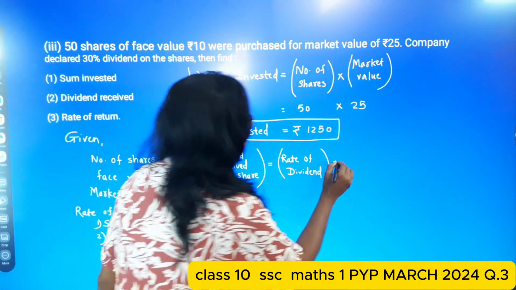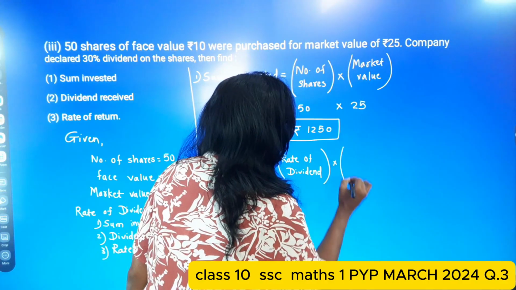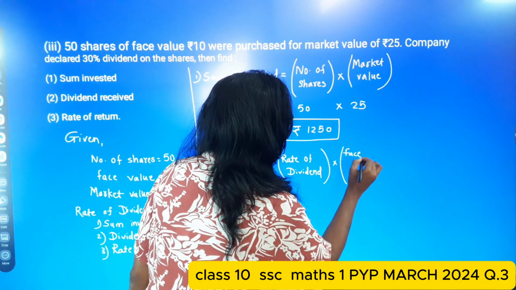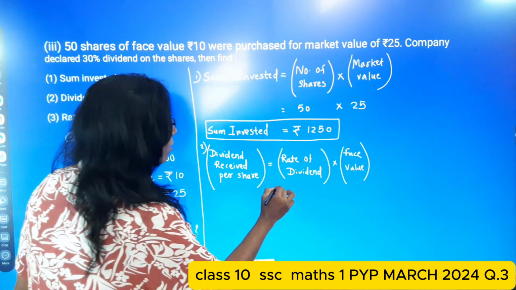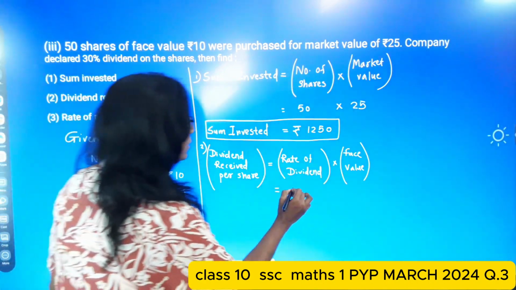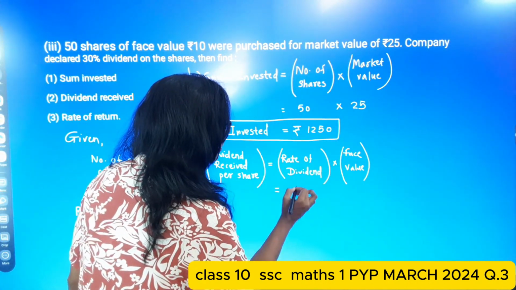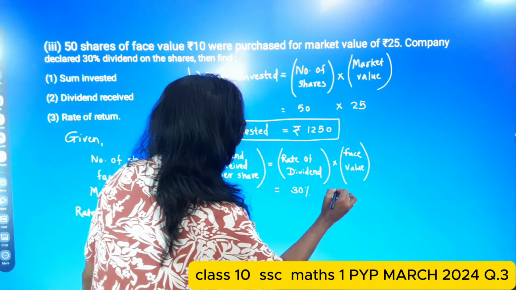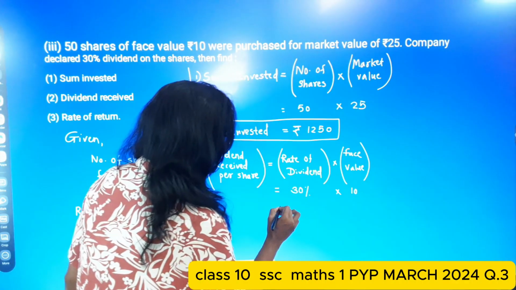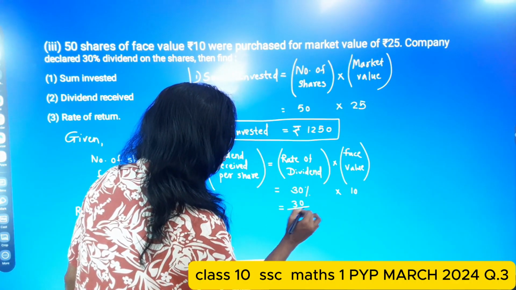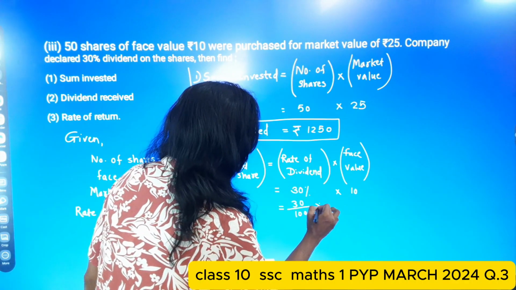multiplied by the face value. So here the rate of dividend is 30% and the face value is 10. So 30% is 30 upon 100, and multiplied by 10.